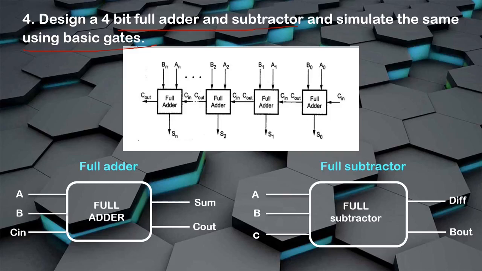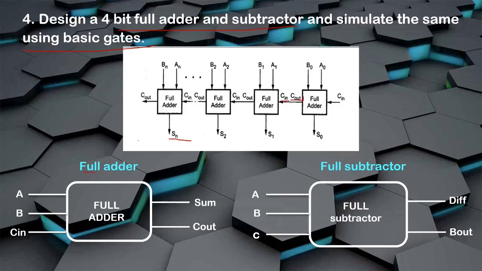For the full subtractor, it will be D0, D1, D2 and so on up to Dn. The carry out of the first full adder will be taken as the input for the second full adder. C out of the first is considered as C in of the second.